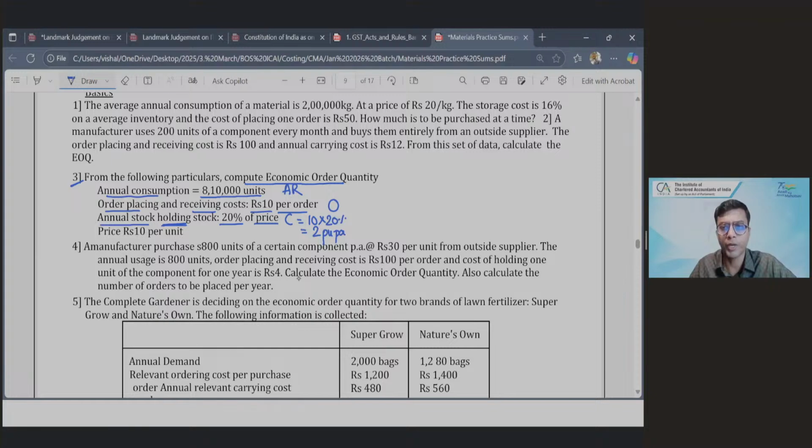Now simply I have to find out EOQ. So I should always write the formula first in the exams. Students, I hope parallelly you have started calculating. So you have to mention to me the answer. Into O is 10 and upon 2. Correct? So this is the formula.